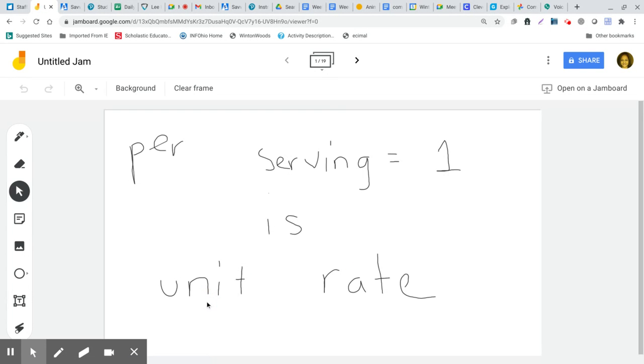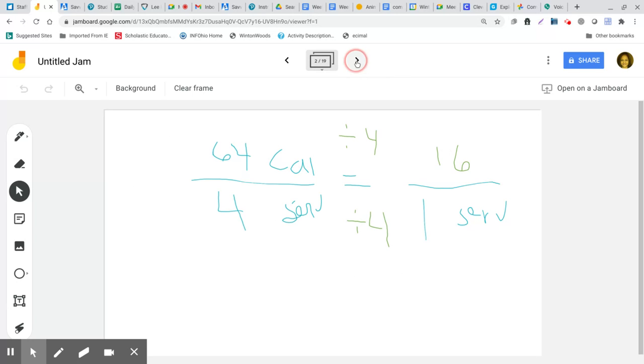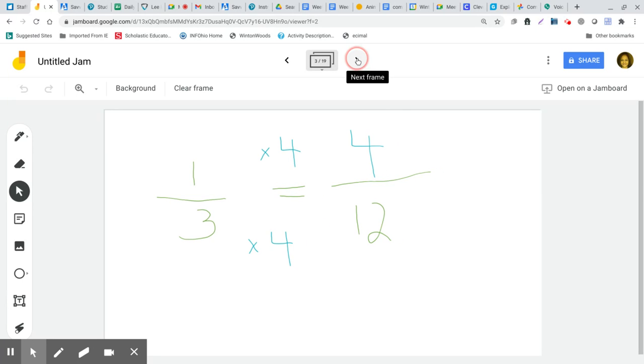We talked about calories per 4 servings. To figure out how much per 1 serving, you had to find the unit rate. Divide by 4, the top and the bottom, and you got 16 calories per serving.